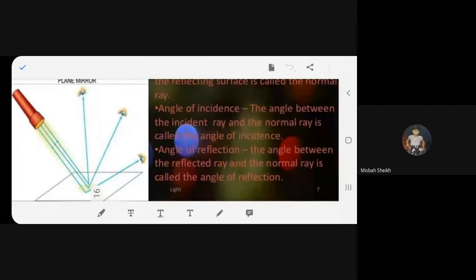Now, in this slide, we are talking about everything: incident ray, reflected ray, normal, angle of incidence, and angle of reflection. Is it clear, all of you?